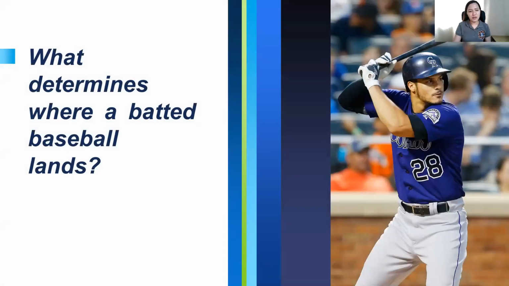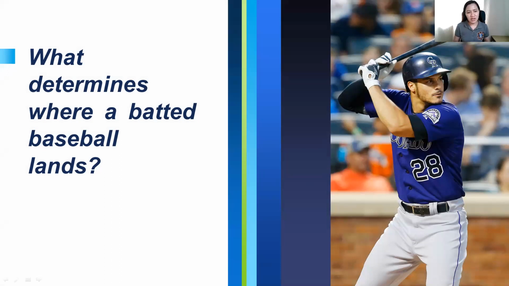So for example, when we bat something, what determines where a batted baseball lands? It doesn't just go straight and hit. Sometimes they hit it in such a way that it moves in a certain direction.